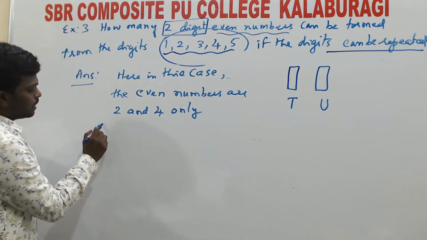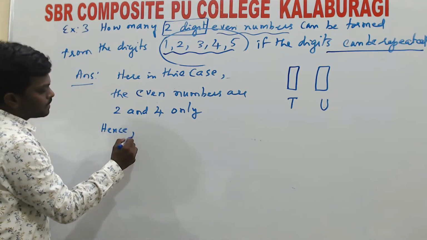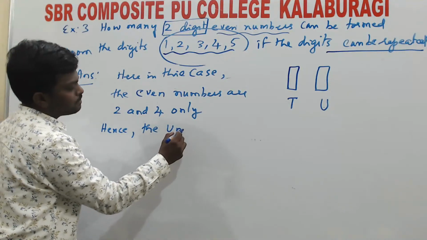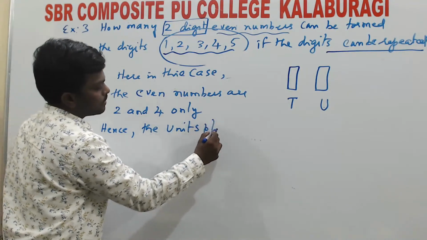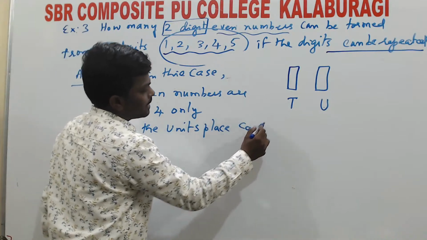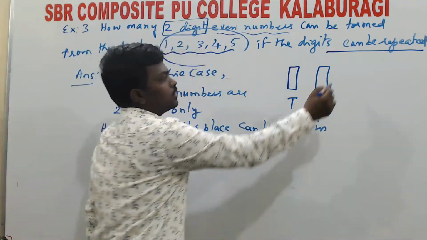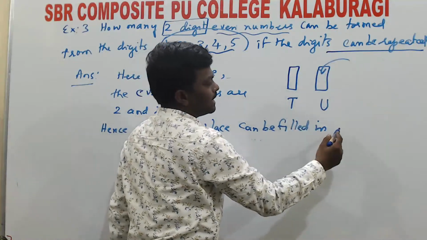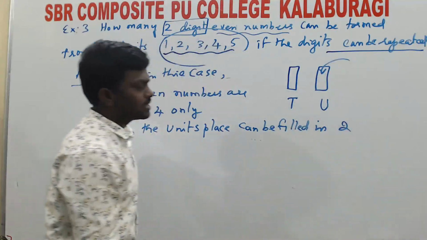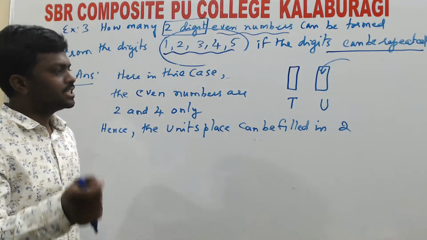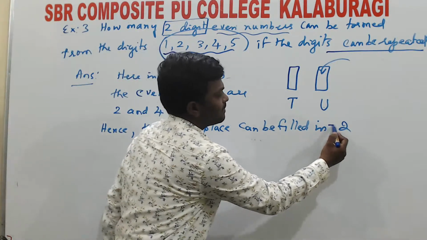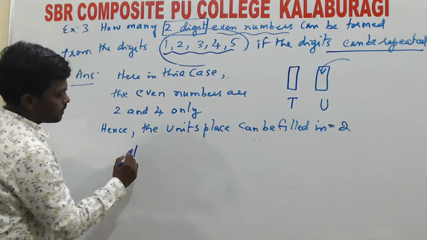Okay, so hence the units place can be filled in. Okay, so how many options it can take? It can take two answers, either the digit 2 or 4, so it can be filled in two ways.